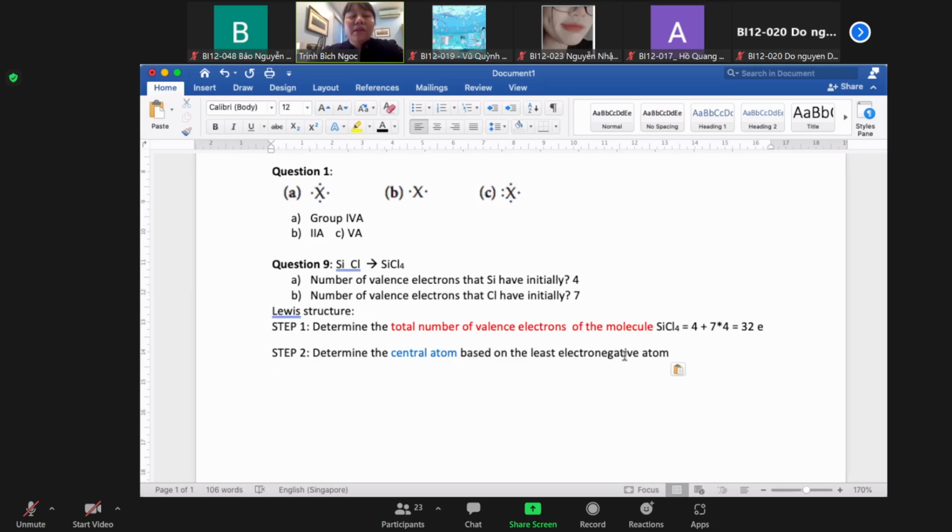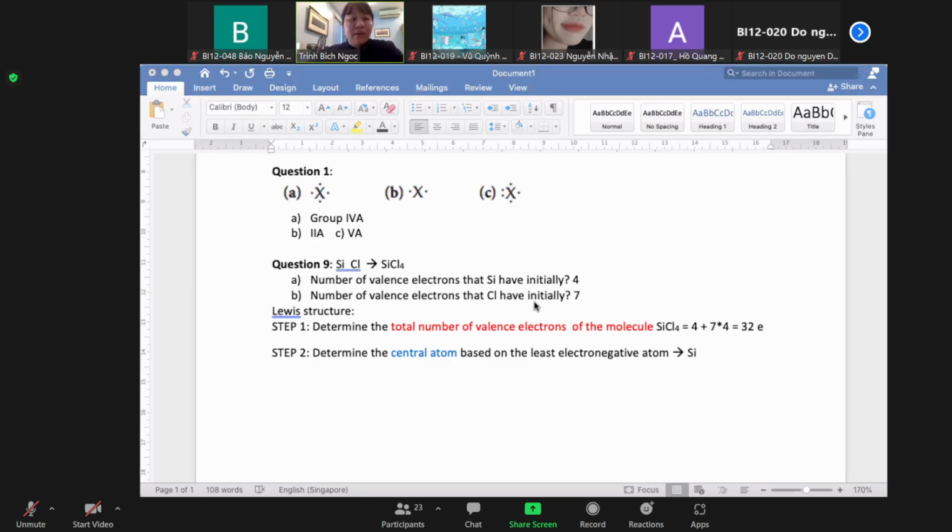Electronegativity in Vietnamese is độ âm điện. The atom with the lower electronegativity will be the central atom. So in this case, which atom will be in the center? Is the central atom silicon? Okay, silic in Vietnamese.